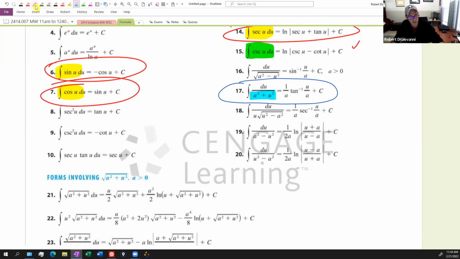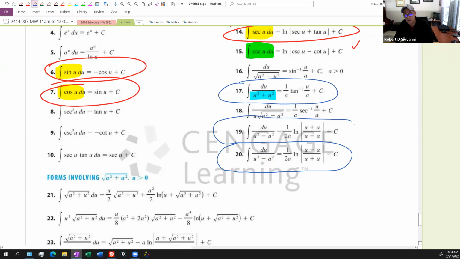Look at formula 20. 20 is what you have when you have u squared minus a squared. Your variable squared minus your constant squared. And look at 19. 19 is for when it's the other way around. Constant squared minus variable squared. We have in this problem, this one, right? We have this.